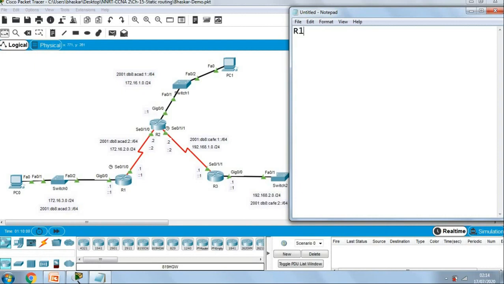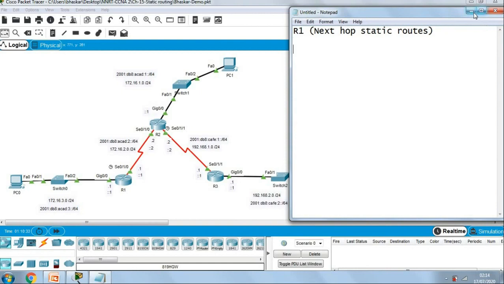Now I'm going to configure the static routes in R1. These static routes are next hop static routes. So how do we configure the next hop static routes?